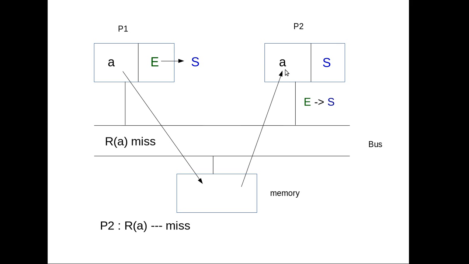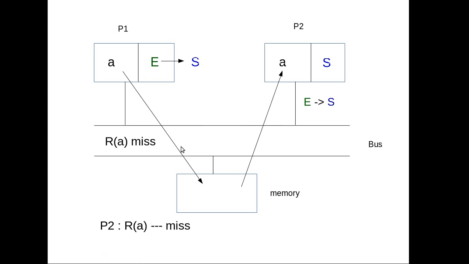Previously, in this cache, B is in exclusive state, and now A is in shared state. So we are moving from exclusive state to shared state on read miss. Exclusive state to shared state on read miss. We are writing back data.